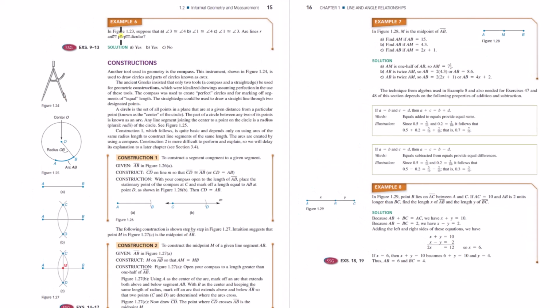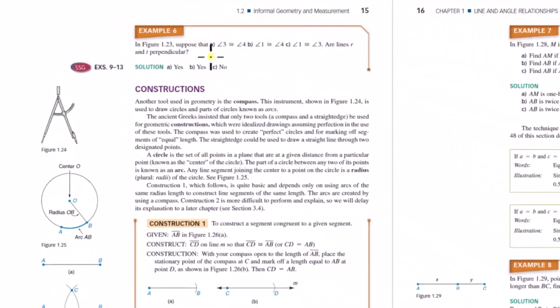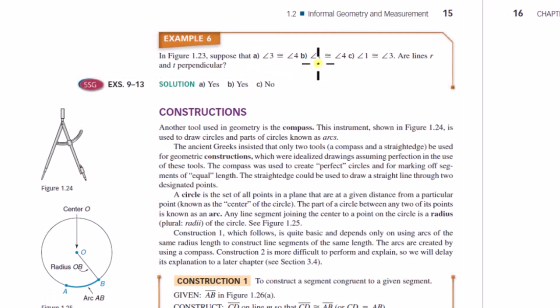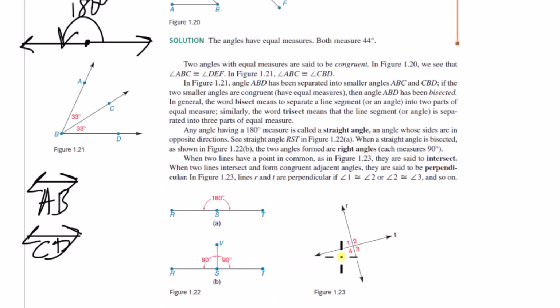All right, in figure 1.23, suppose that angle 3 is congruent to angle 4, or angle 1 is congruent to angle 4, or angle 1 is congruent to angle 3. Are lines R and T perpendicular? So if angle 3 is congruent to angle 4, are these lines perpendicular?